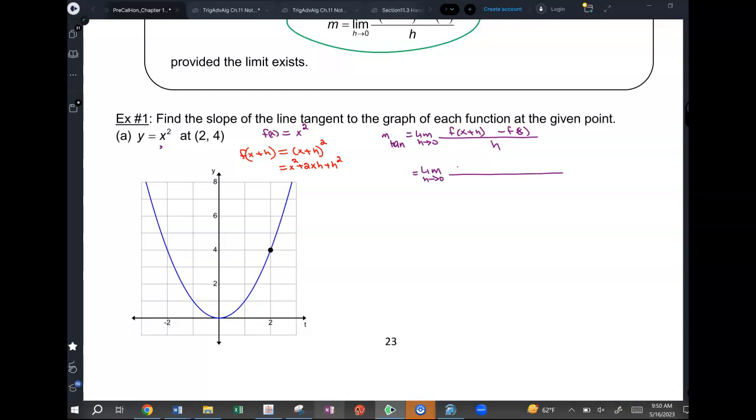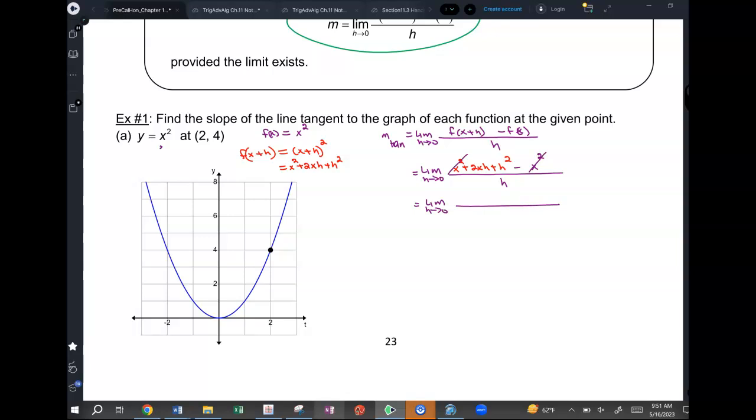So f of x plus h is this one, minus f of x, all over h. Now, okay, the pre-calculus part is over. Now it's just algebra. Okay, so this is going to be the limit as h approaches 0.